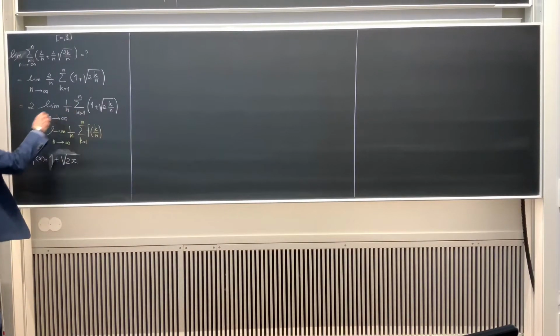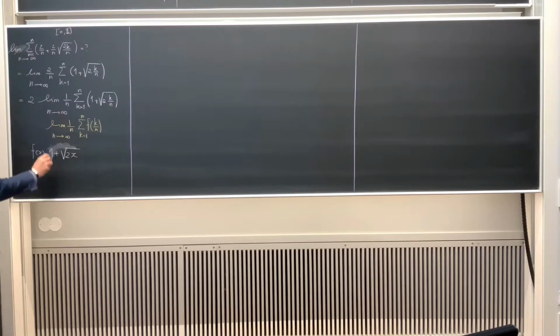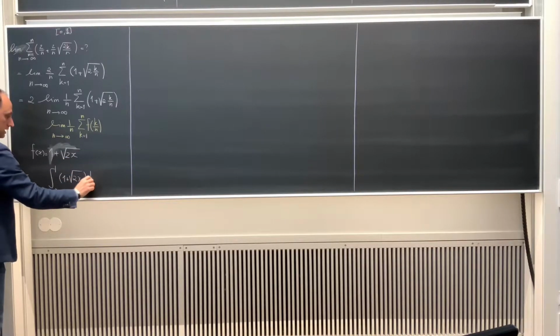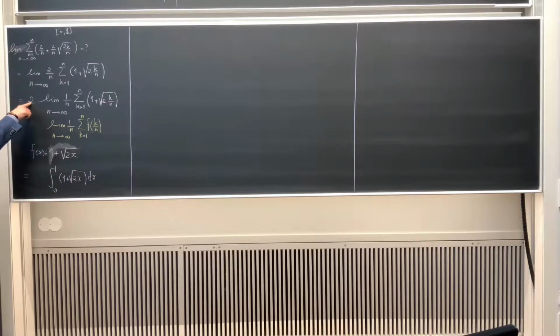So this limit is the integral from 0 to 1 of the function that you guessed, dx, but there is also a factor of 2 before the limit, so I have to multiply by an extra 2 here. Is that understandable? Okay, so now we have to calculate this integral.